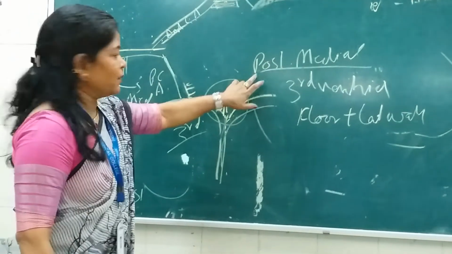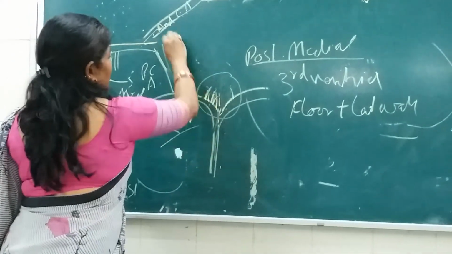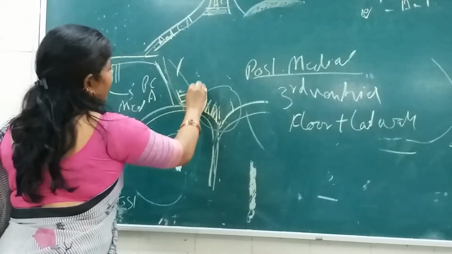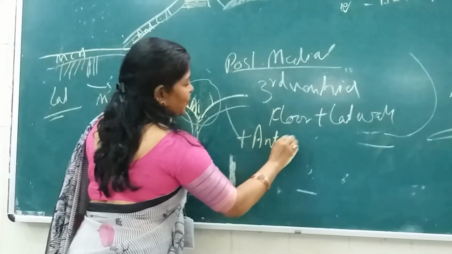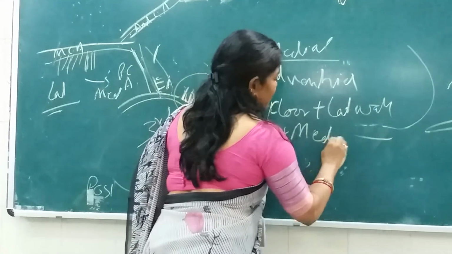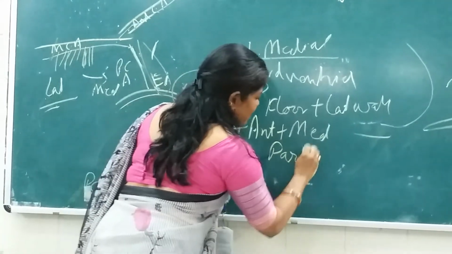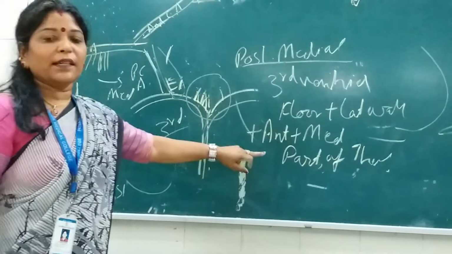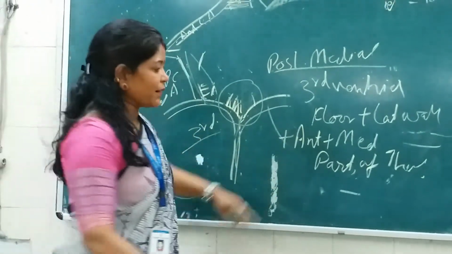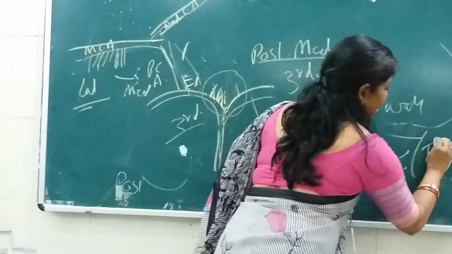Thalamus is there. Thalamus is here. So, the anterior part and the medial part of the thalamus, via the thalamo-perforating arteries. Very important artery.